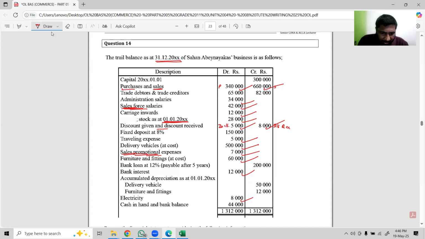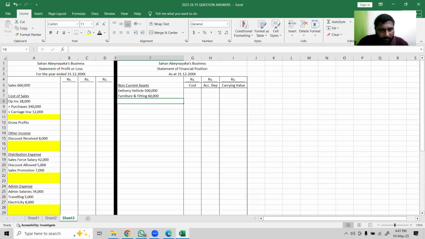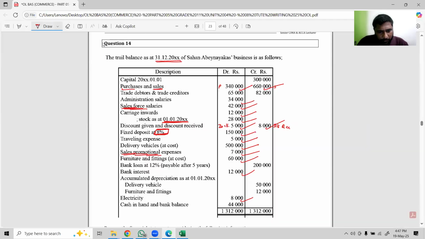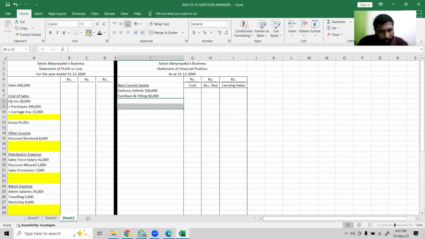Fixed deposit, highlight and keep this 8% as a hidden adjustment. We'll write the fixed deposit 150,000.